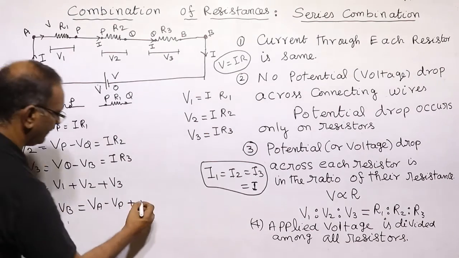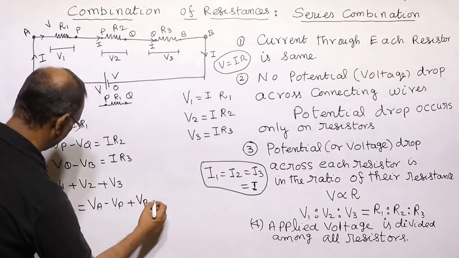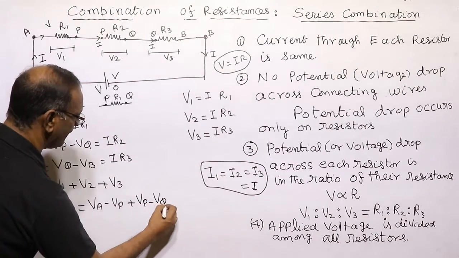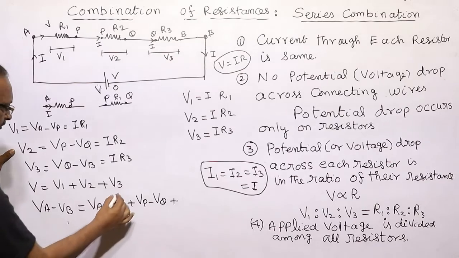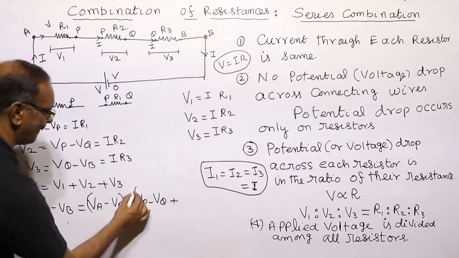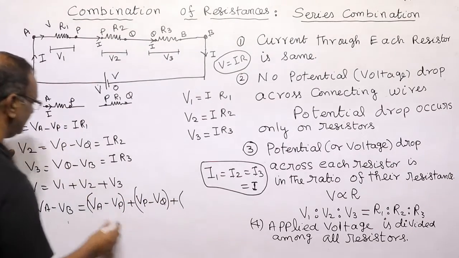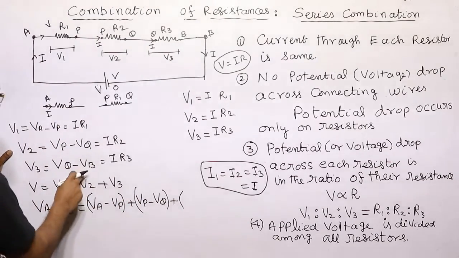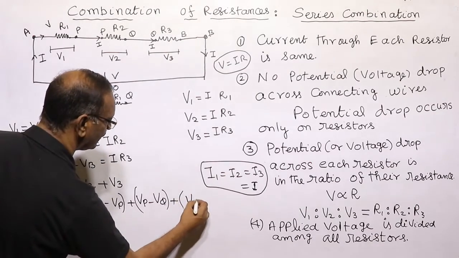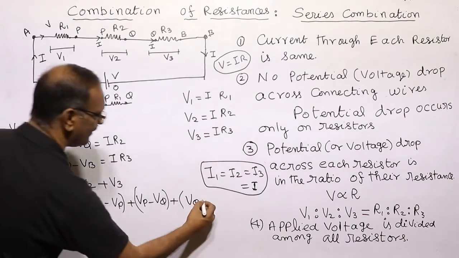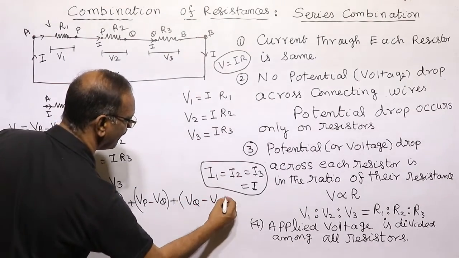V2 is equal to VP minus VQ, plus, you can put it in the bracket. So what is V3? V3 is equal to VQ minus VB.